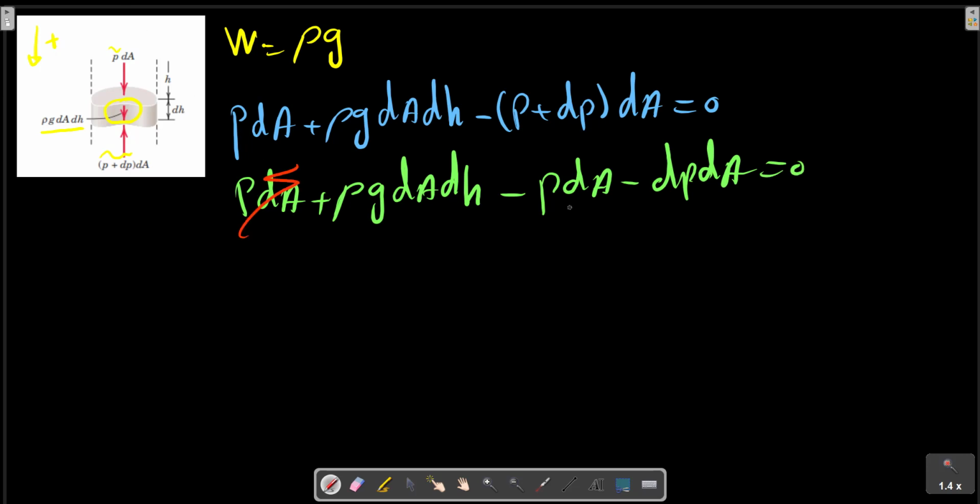We can eliminate these two terms and also this. At the end, we obtain dP equals rho g dh.